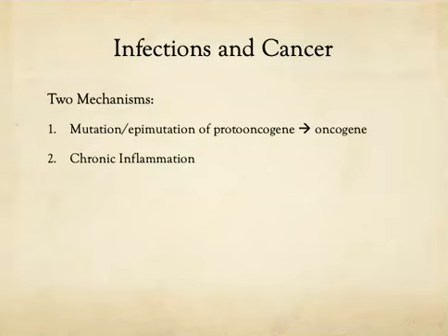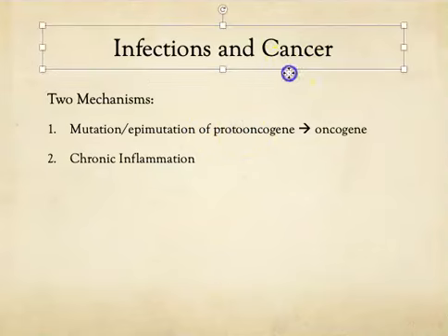I want to introduce another term here, and that's a proto-oncogene, with proto just meaning before. So there's a form of a gene that's referred to as a proto-oncogene before it becomes an oncogene. And we'll talk more about this in the upcoming slides.